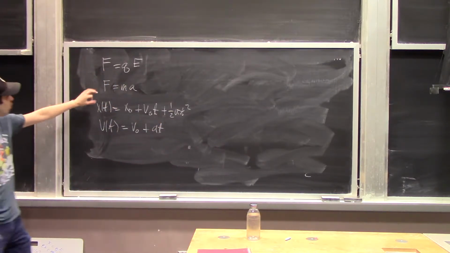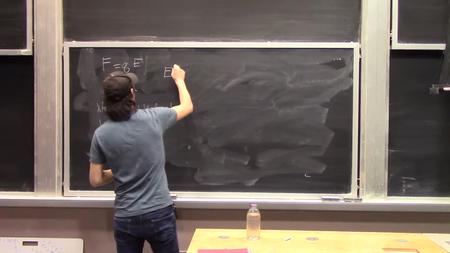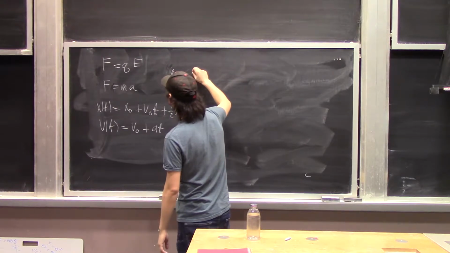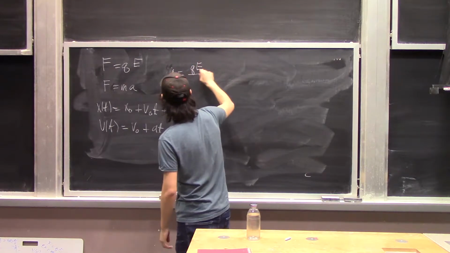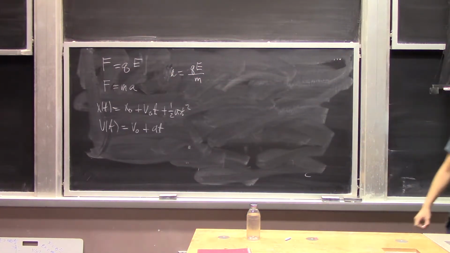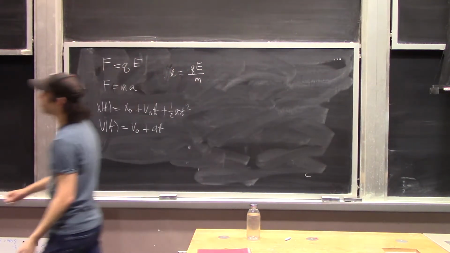So we can connect these two together. So we can say that the acceleration a is equal to the charge times the electric field divided by the mass. But this is where we're going to start running into problems here, because the electric field for a point charge varies as the distance, right?